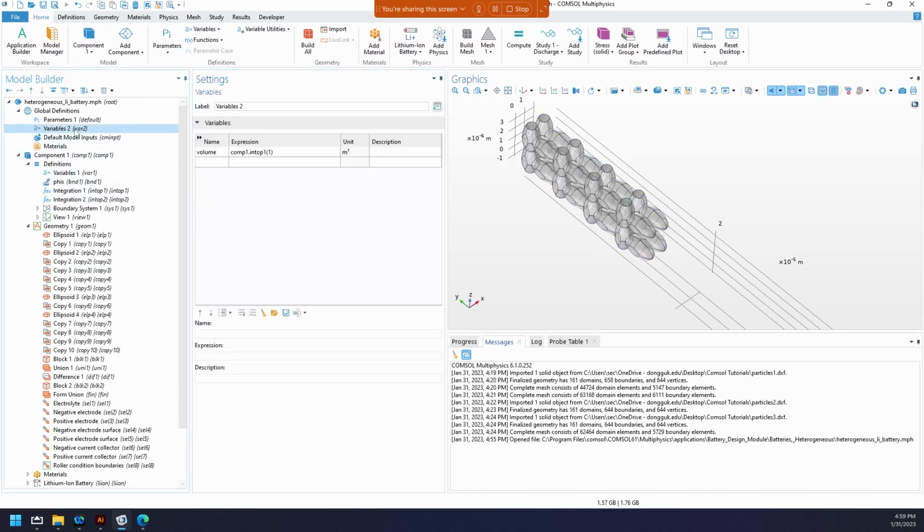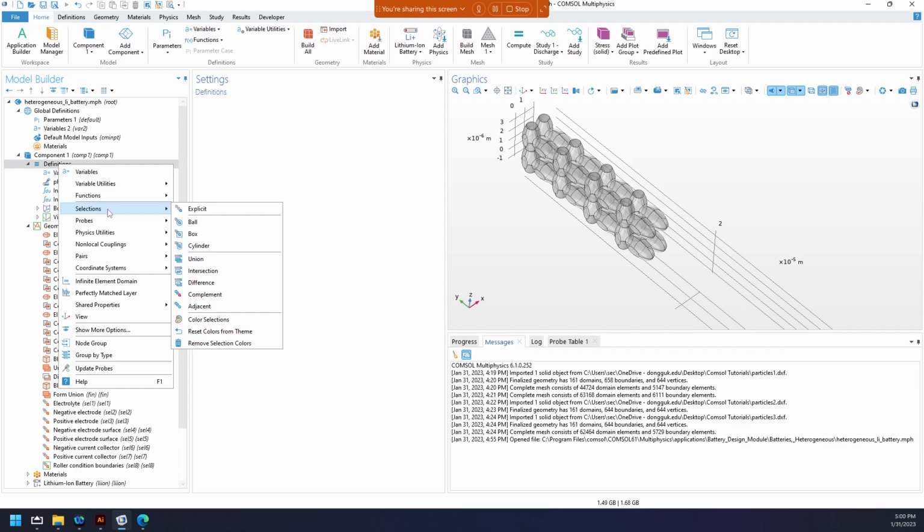If we go over here and write area, this is going to calculate the surface area of all those particles. Component 1, intop2, 1. We are just writing 1 over here, so it's going to give us either volume, area, or length.